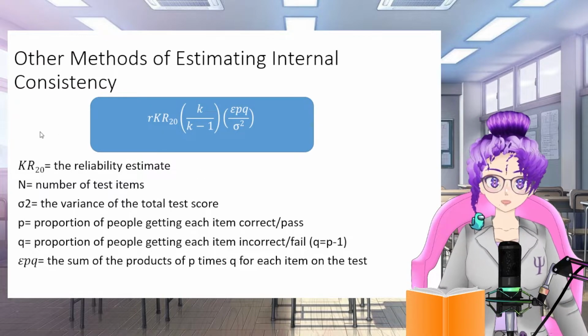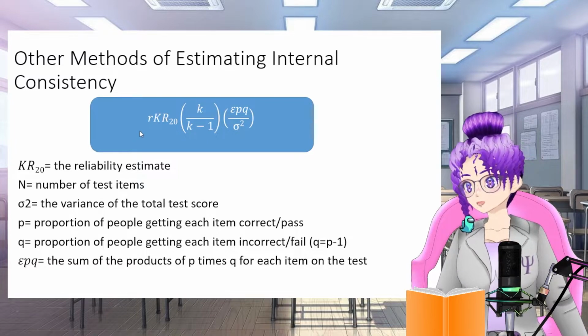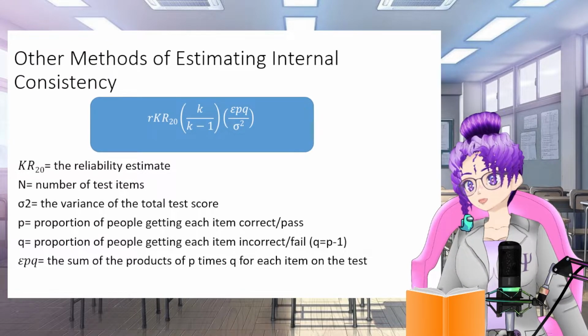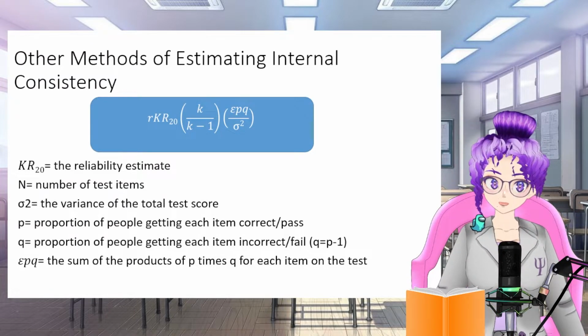This is the formula for KR20. KR20 is equal to K over K minus 1 times the summation of PQ over sigma squared.